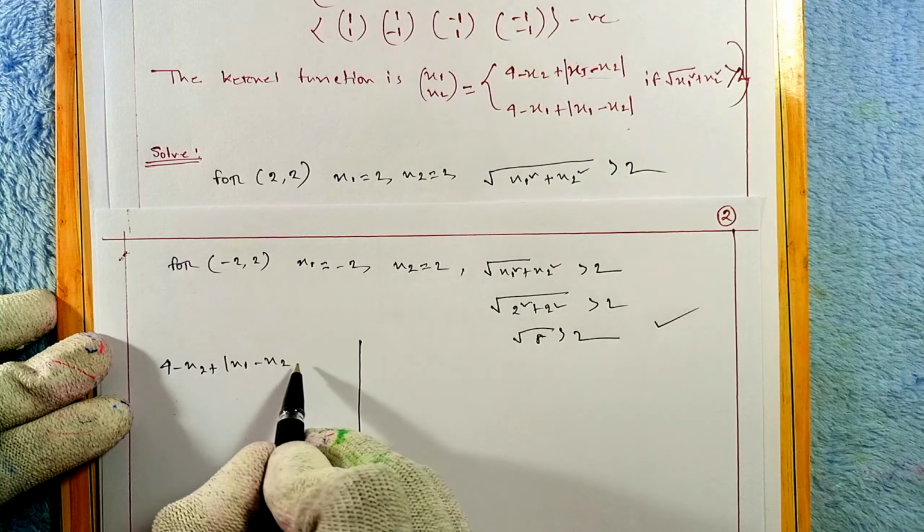For the other, 4 minus x1 where x1 is -2, so it will be plus 2, plus x1 which is -2, minus 2. So here the value will be 6, and here the value will be 10. So we got our new point.